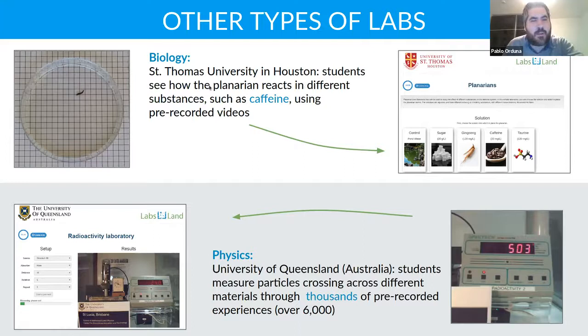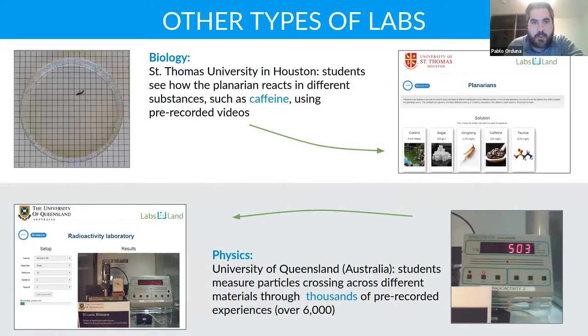These laboratories are different because what we do is pre-record what the student can do. For example, in the case of the physics of radioactivity, we have like 6,000 pre-recorded experiences with 1,300 combinations of what the student can do. So they can choose, like, strontium and americium and something else and different distances, and they will see a particular video of how that looks when you are using it.